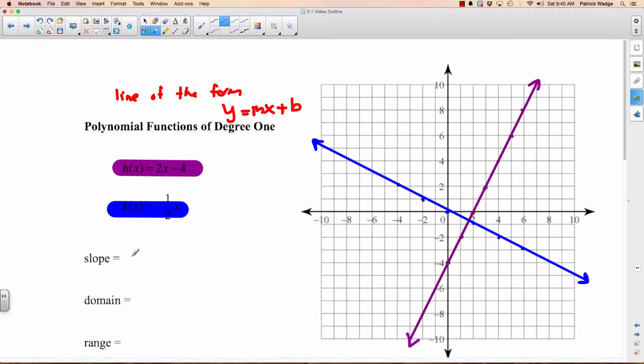The slope is m. What's the domain of both of these lines? Well, it goes forever and ever to the left, forever and ever to the right. So again, we have x as an element of all real numbers, or from -infinity to infinity. What's the range? It goes down forever, it goes up forever. The range is also an element of all real numbers, -infinity to infinity.